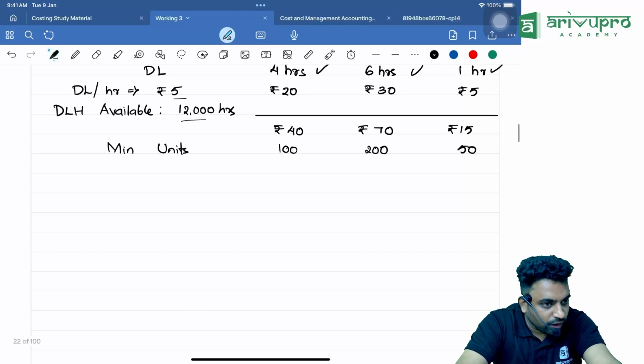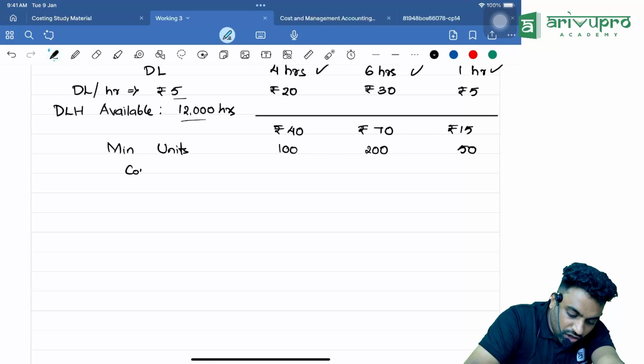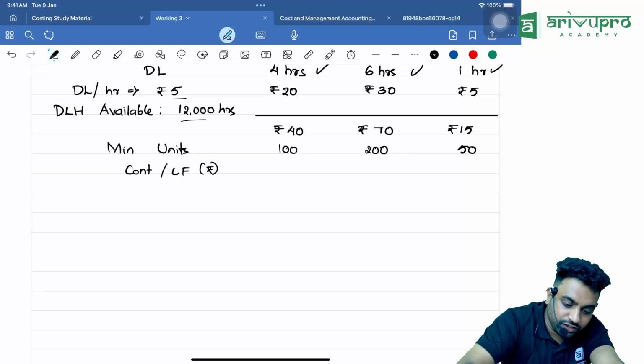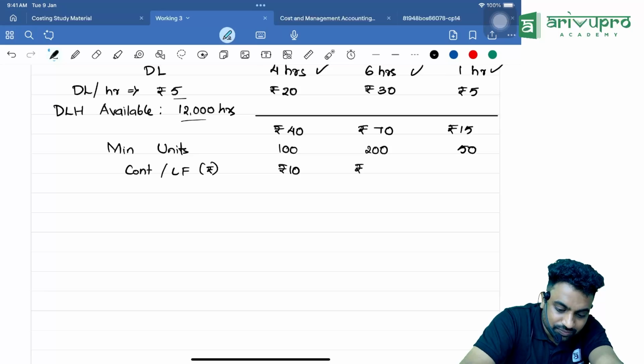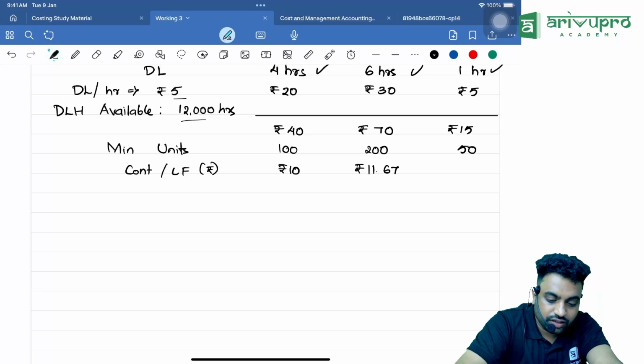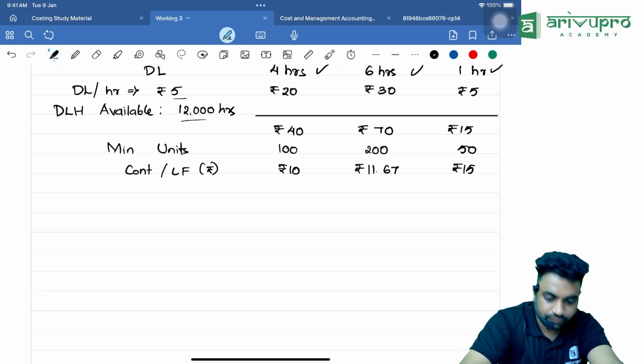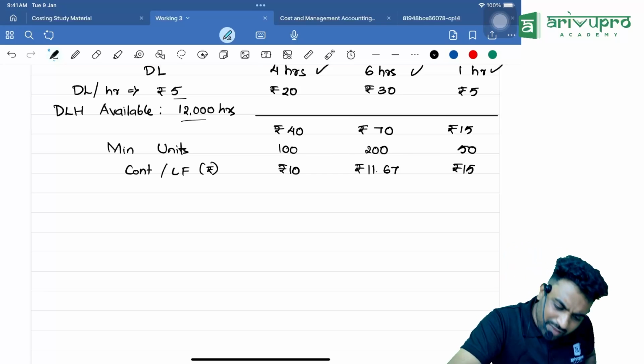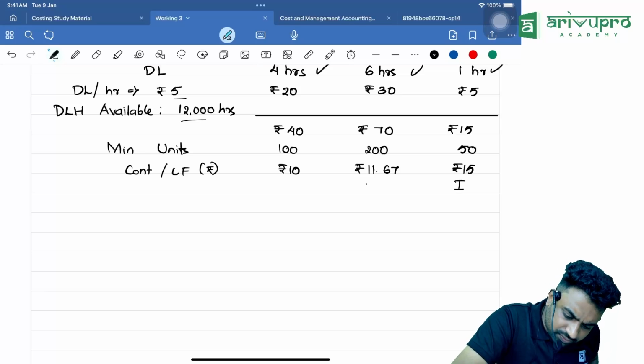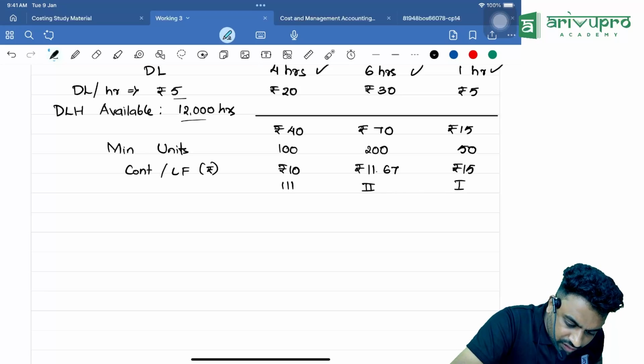Same step you follow. That is, contribution per unit of limiting factor. First one it was 10 rupees. Second one it was 11.67. Third one it was 15. Same ranking gives you 1, 2, 3.